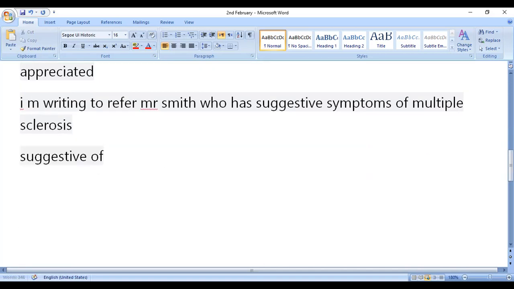So let me tell these two things. "Whose signs and symptoms are suggestive of" is used when the diagnosis is not confirmed. For example, mostly in the case notes they will just write a question mark, like question mark pneumonia.